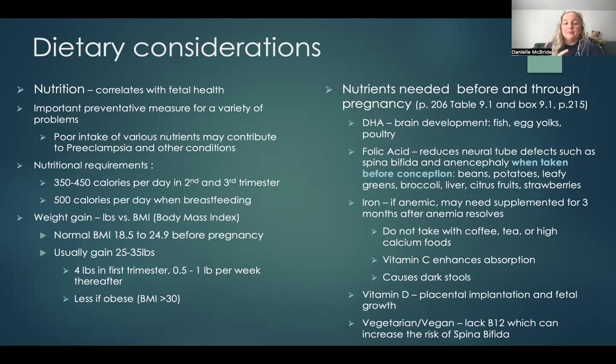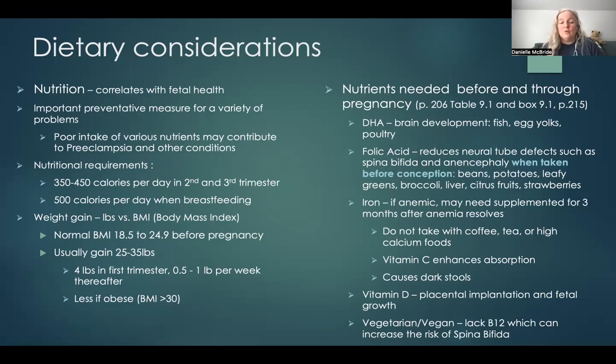And so the weight gain that we're trying to achieve, typically for a woman who had a normal BMI before she got pregnant, which normal BMI before pregnancy is 18.5 to 24.9. If she's in that normal range, then we're going to anticipate that she will gain 25 to 35 pounds.